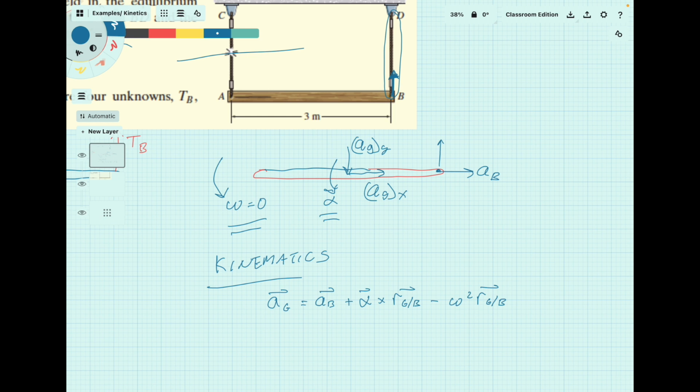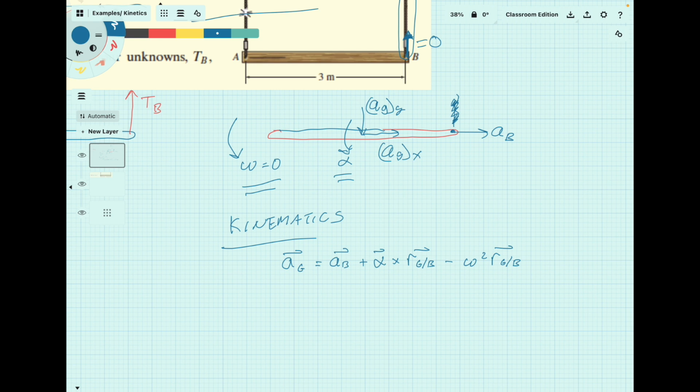But because this thing hasn't moved yet, there is no velocity. If there is no velocity in the problem, then the normal acceleration term, whether you're thinking of it as omega squared r in this case, there is no omega yet, so that's just going to be 0, which is why it does not show up on the kinetic diagram.